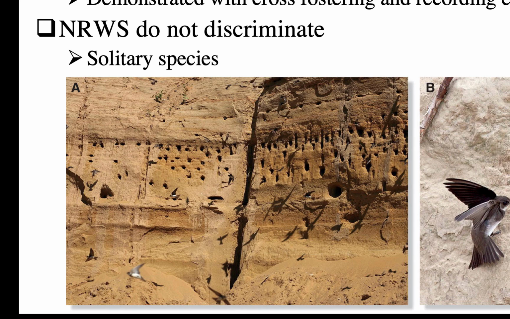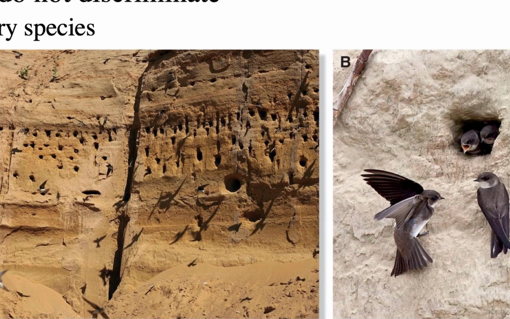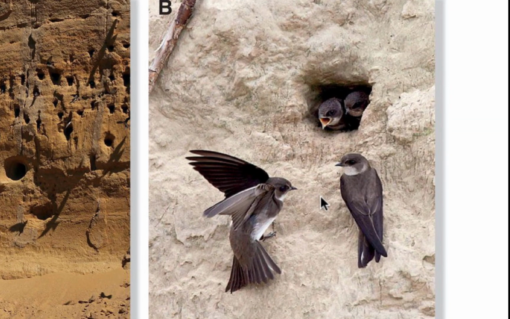Now, it turns out that this isn't just something that all swallows do. This group of birds here on the right are northern rough-winged swallows, and they do not discriminate. So this is a solitary species. If you do the same type of experiment where you move nestlings around or play pre-recorded vocalizations, they just keep revisiting their old nests.